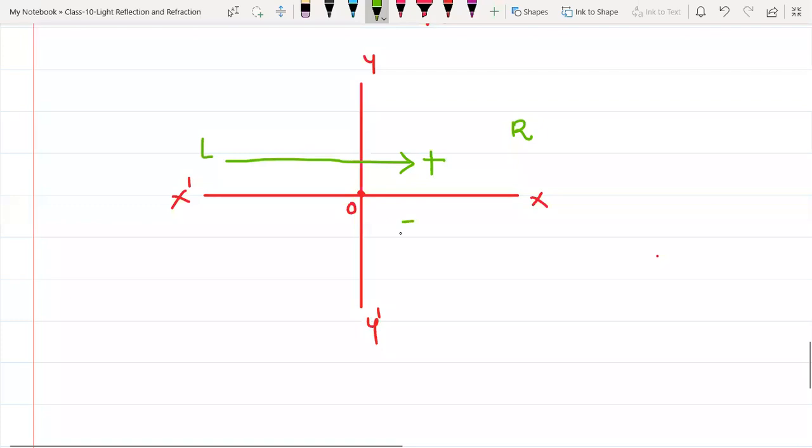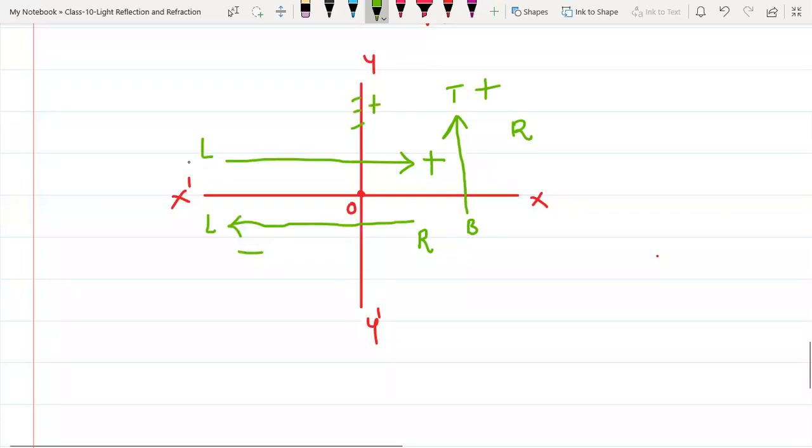If you are moving from right hand side to left hand side, please take it as negative. And if you are moving from bottom to top direction, take it as positive, because here it will be positive only.